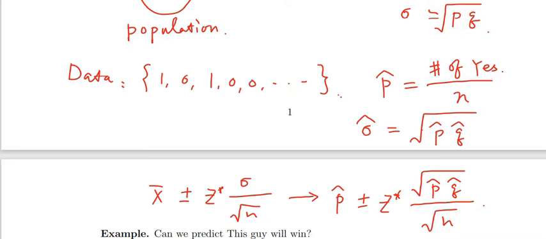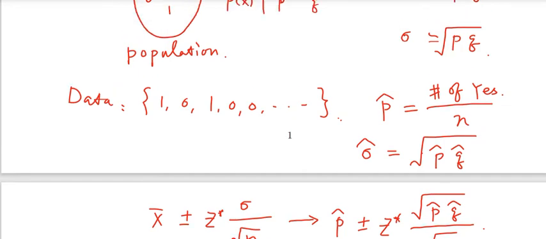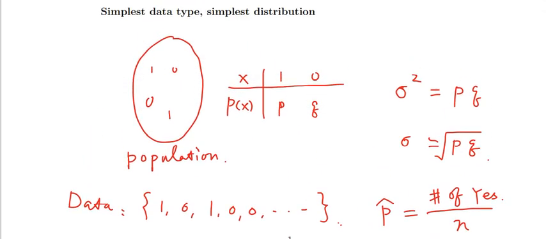So we can have this formula for a population's average. If the population is a 1-0 population, then the 1-0 population's average is just this p, right? So we call this a proportion.